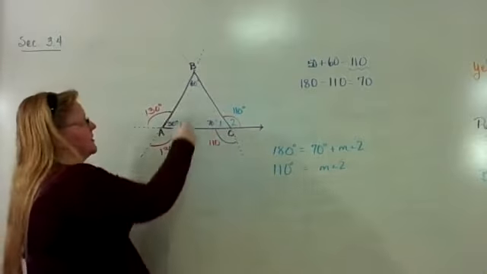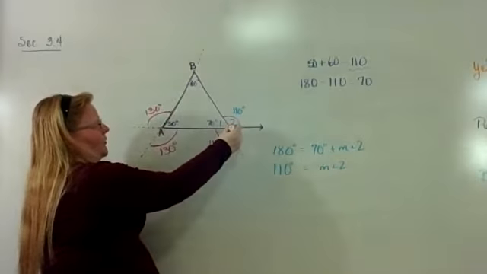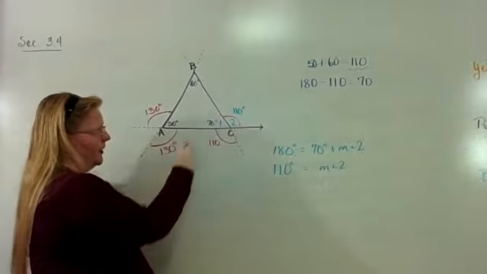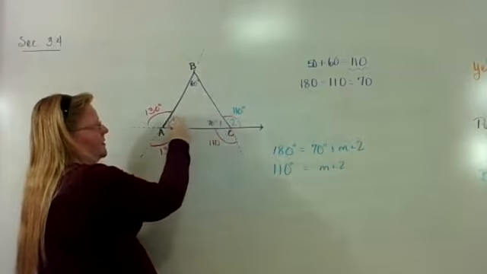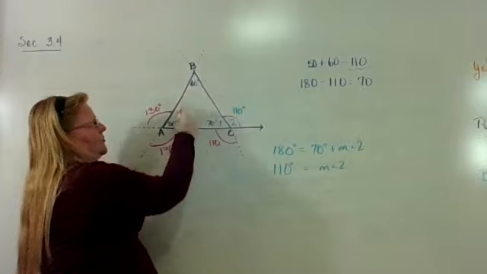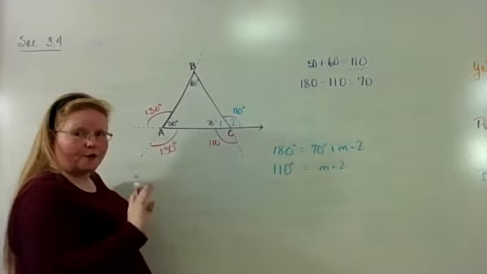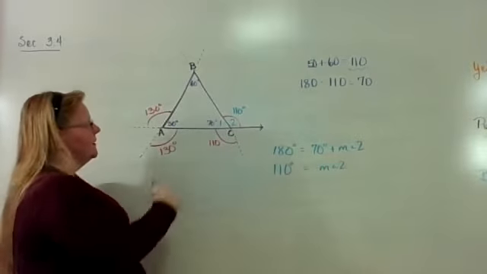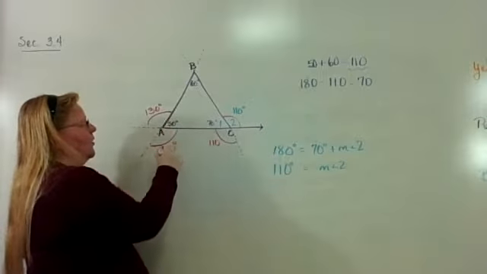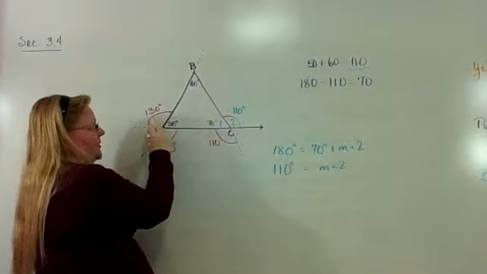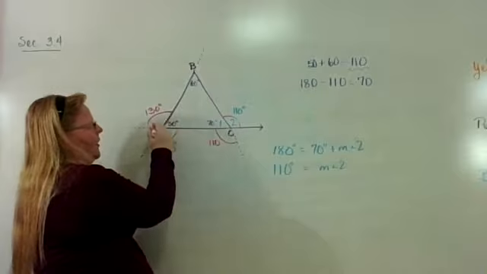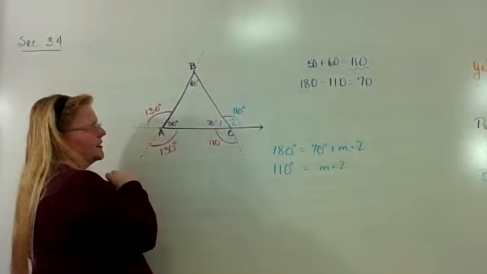Now, just because the exterior angle over here for angle 2 is 110 because those are the two remote interior angles. Over here, this is also an exterior angle, but it's on a different vertex.